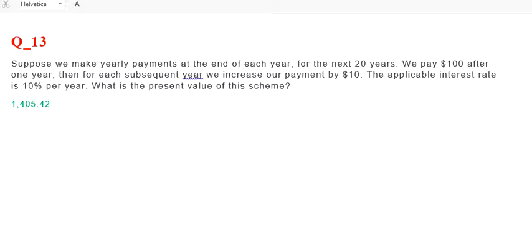Question 13. Suppose we make yearly payment at the end of each year for the next 20 years. We pay $100 after 1 year, and then for each subsequent year we increase our payment by $10. The applicable interest rate is 10%. What is the present value of the scheme?